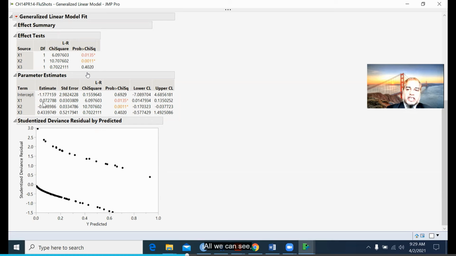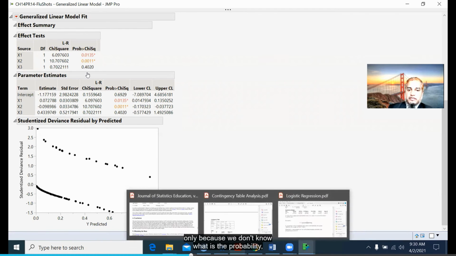All we can say is that there is a positive chance, or the probability is increasing, or we can say there is a significant increase in the probability of whether someone gets a flu shot or not. This is all we can say, because we don't know what the probability is.